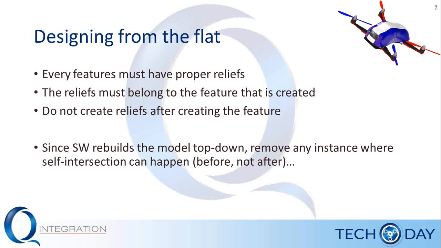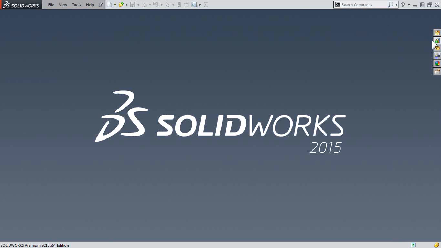So we want to remove any instances of that self-intersection at the time that feature is created or before. Do not go in and trim extra geometry away after. And I'll clarify that with do not go in and remove the self-intersecting geometry after the self-intersection has already happened. So let me give you an example there.